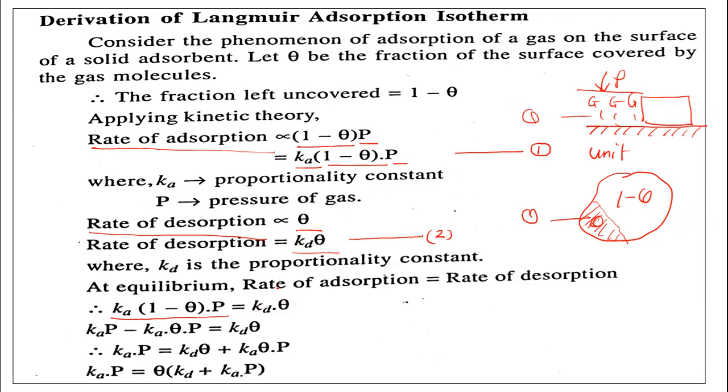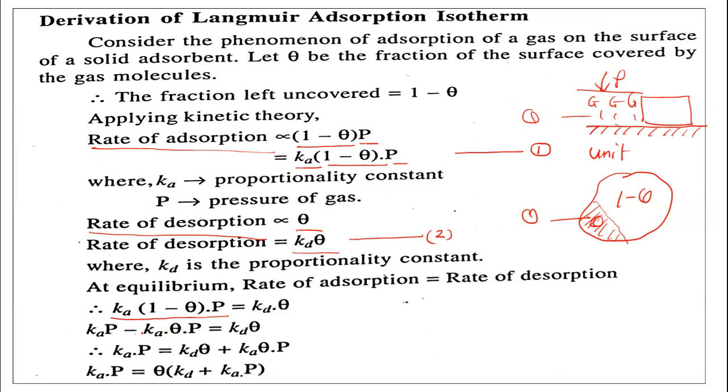Simultaneously, the adsorption and desorption processes take place, and at equilibrium both rates are equal. So Ka into 1 minus theta into P is equal to Kd into theta. We can simplify this: Ka into P minus Ka into theta into P is equal to Kd into theta.